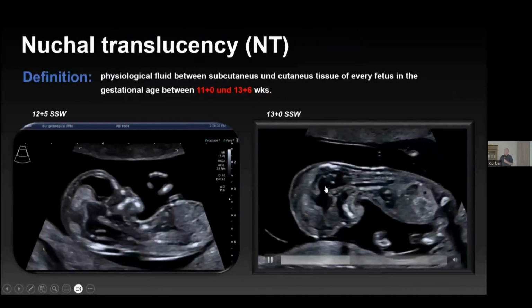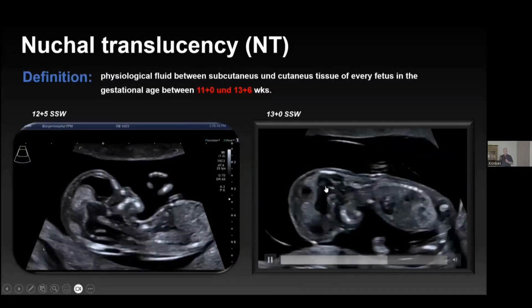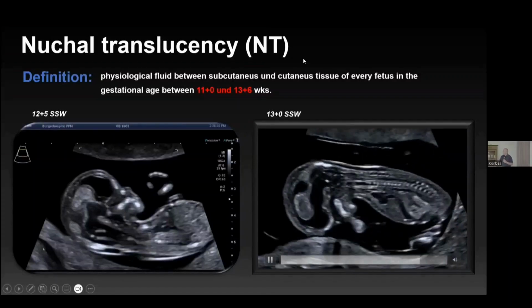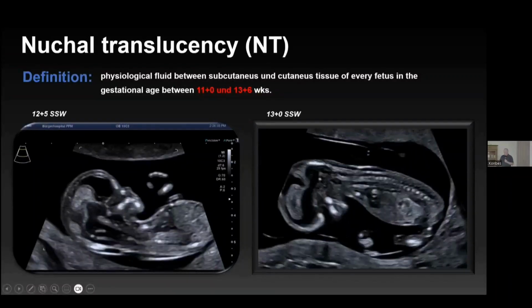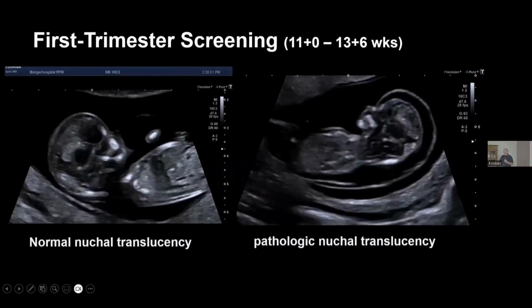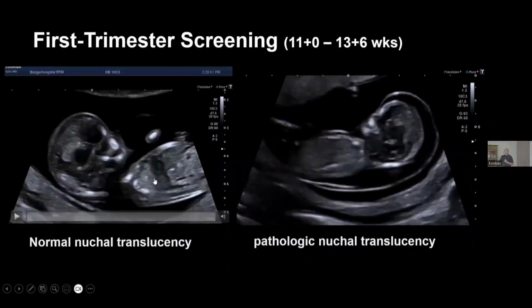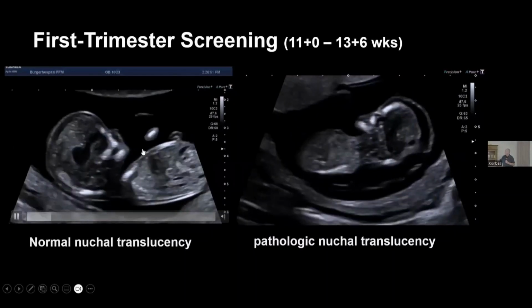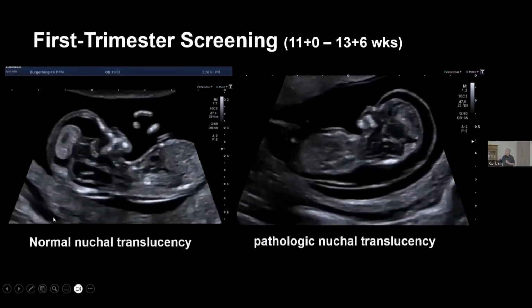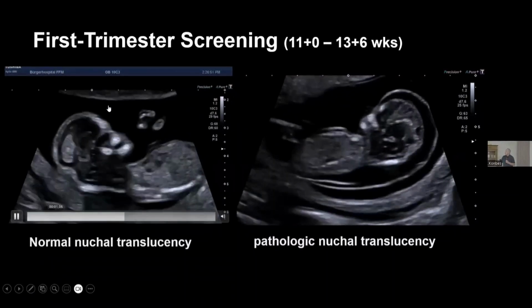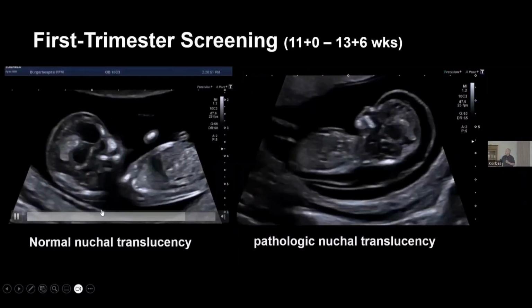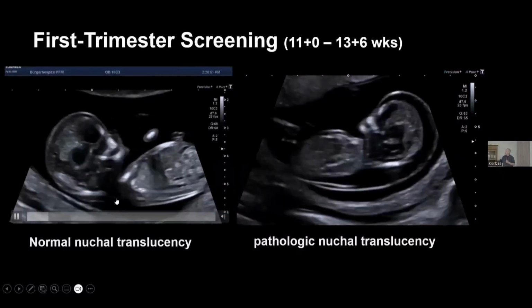And this view, you'd say it's normal, no? So, babies. This is another view. You see on the left side, starting, also the best plane to evaluate the nuchal translucency.